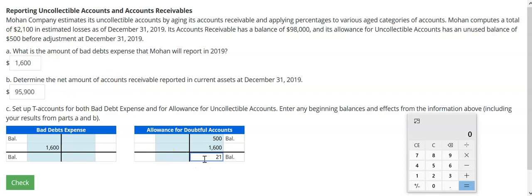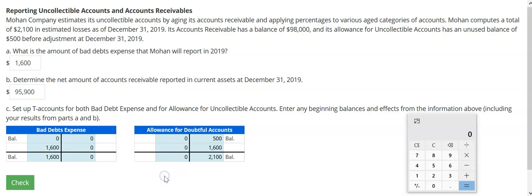Now all we have to do is enter that figure here, and we can just carry this down. Now, it looks like we probably need to put something in here. I don't remember seeing that in the instructions, but I know this software pretty well.